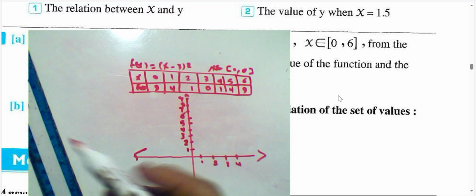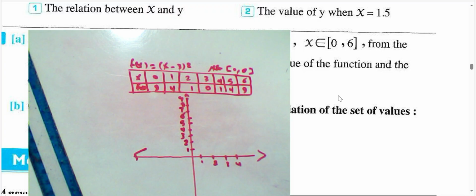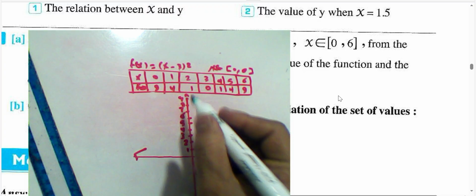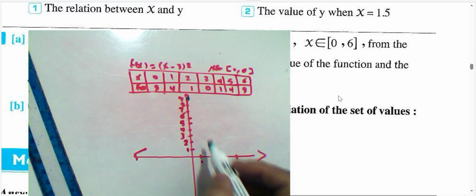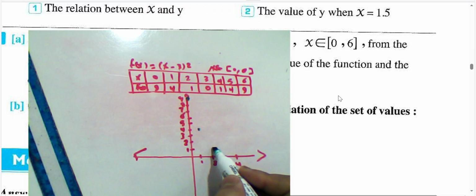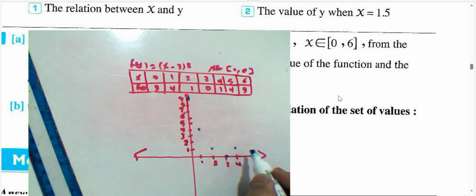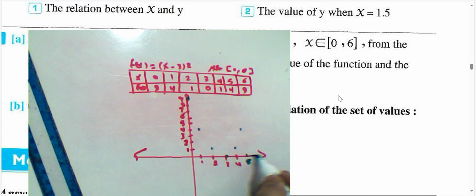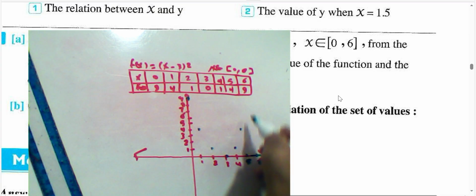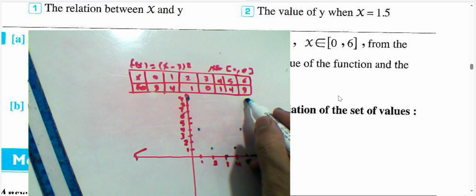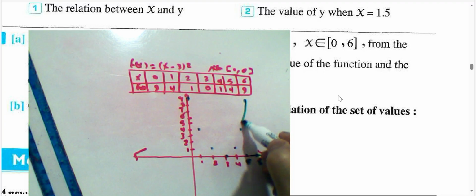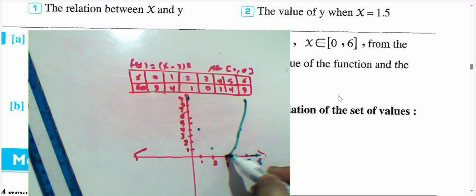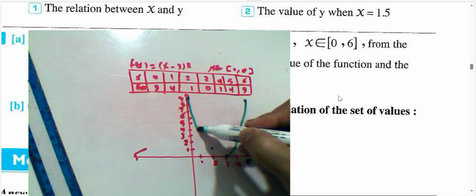From 0 to 9, the first image. 0 to 9, 1 to 4, 2 to 1, 3 with 0, 4 to 1, 5 to 4, 6 with 9. And then draw the curve like this.